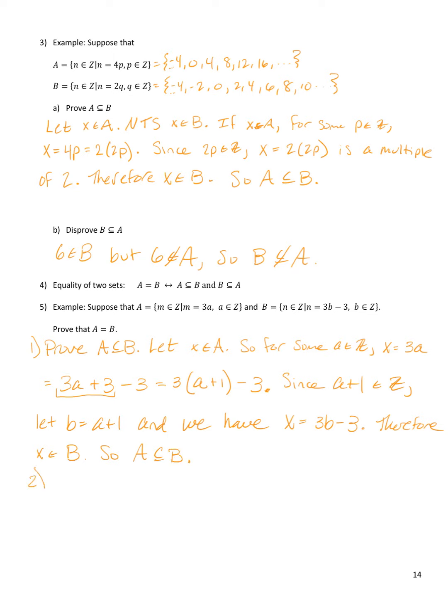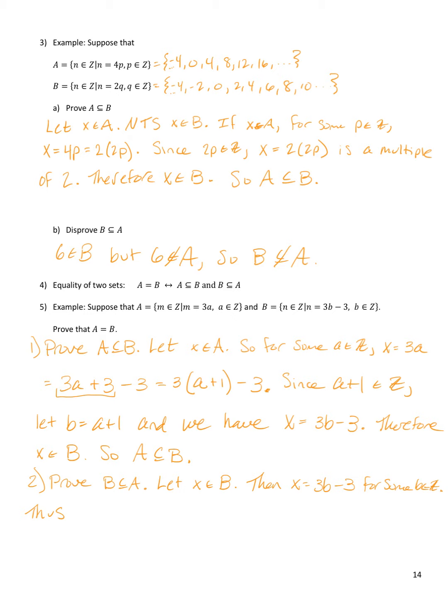Okay, step 2, we have to prove it in reverse. Prove that B is contained in A. So we let x be an element of B. Then x equals 3b minus 3 for some b in the integers.